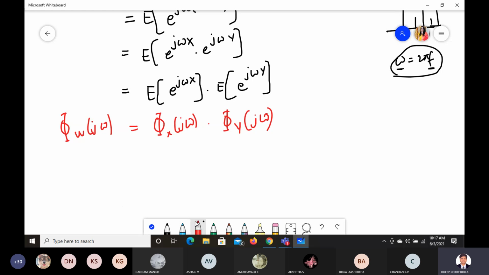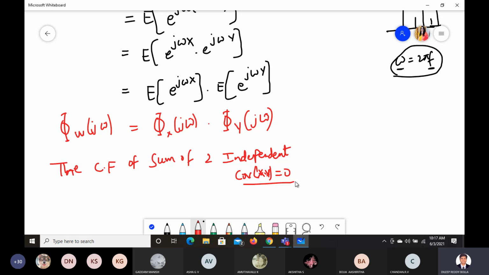So the final conclusion of this one is what? The characteristic function of the sum of two independent random variables. How can you say they are independent? When the covariance of x and y equals 0, then they are said to be independent.